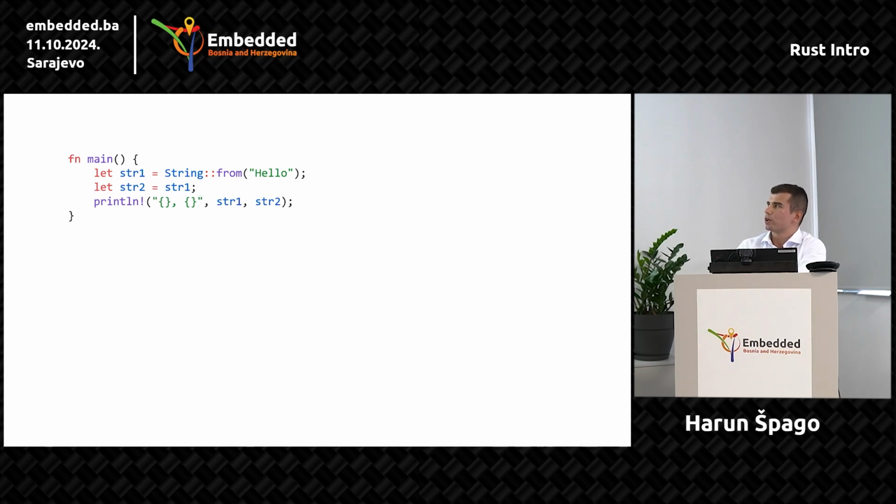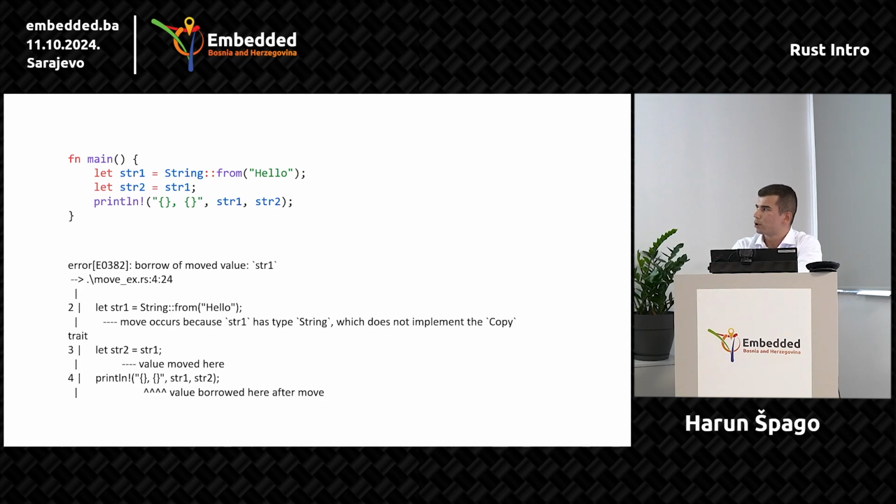This is a move, so string 1 has nothing. And when we try to compile this program, we are going to get an error which says that string 1 is basically invalid to use anymore. And for me, I think this is a much better way to handle the move semantics than C++ is doing.